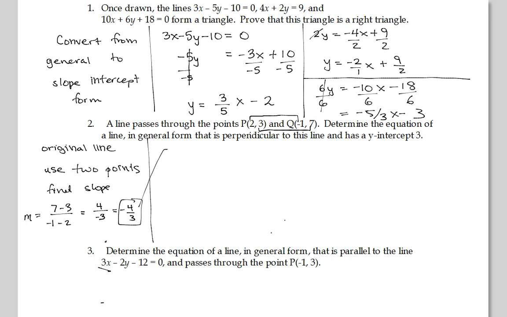Flip it and what? Change the sign. Good. So our new perpendicular slope will be +3/4. What's the other clue they gave you? Y-intercept is 3. So then you know that the b value is 3.